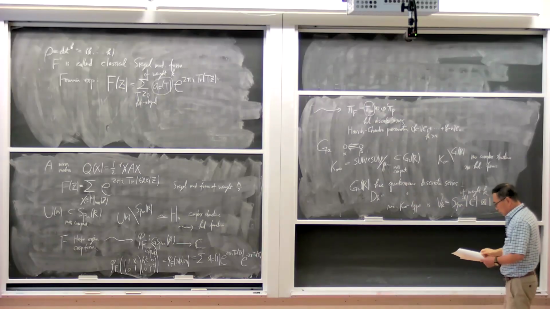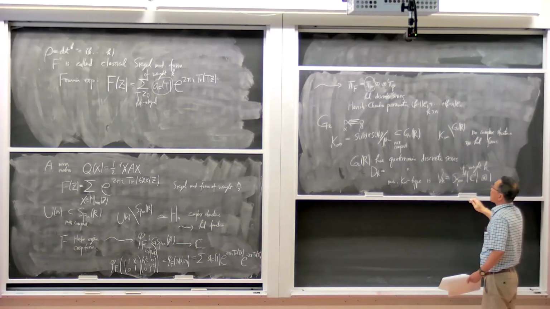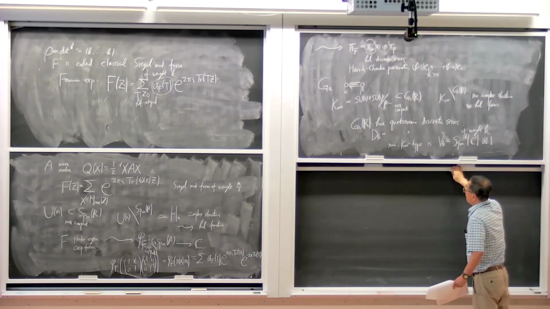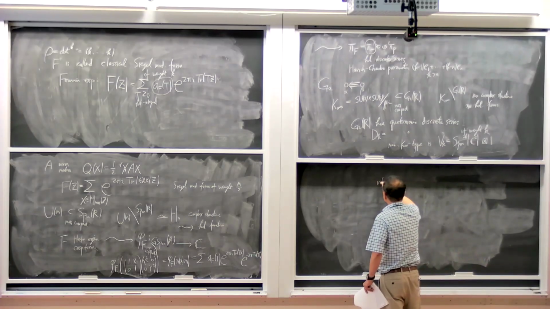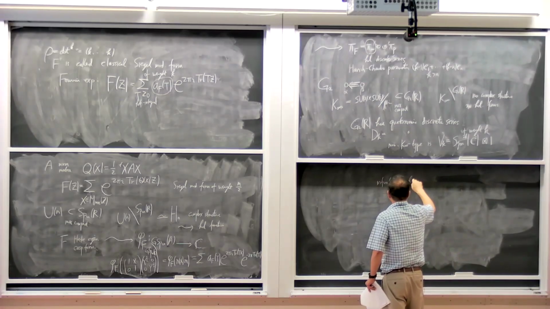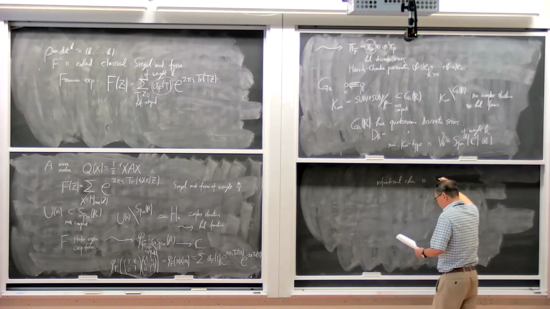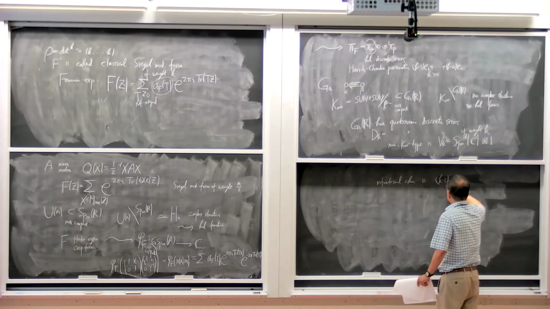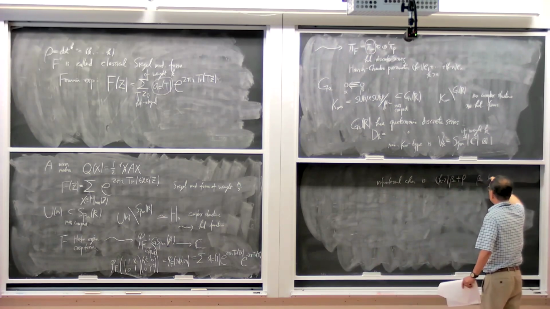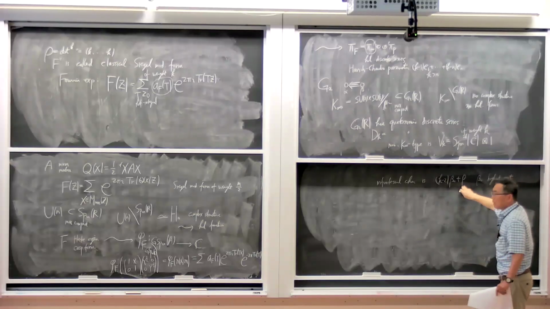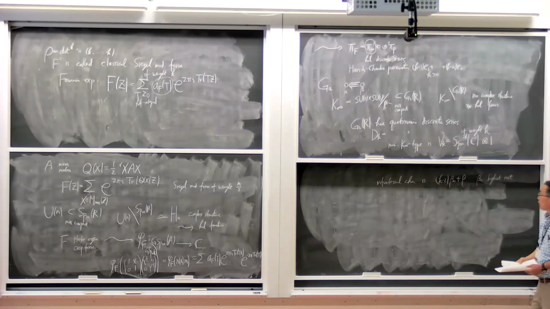So that's the minimal K-type. And the infinitesimal character is k minus 2 beta 0 plus rho. So here beta 0 is the highest root, and rho is the half sum of positive roots. So that's the quaternionic discrete series.